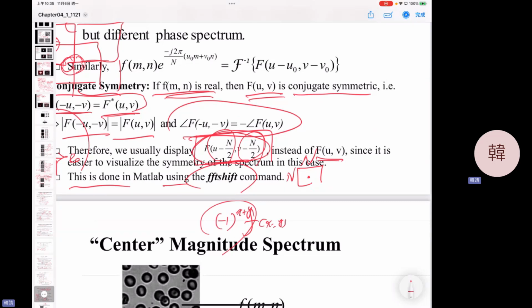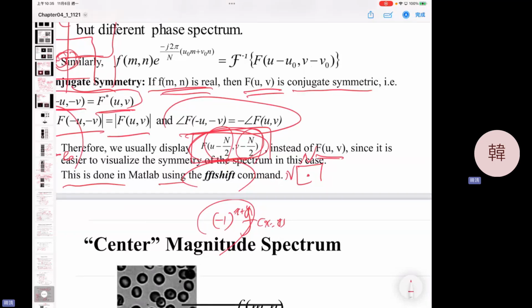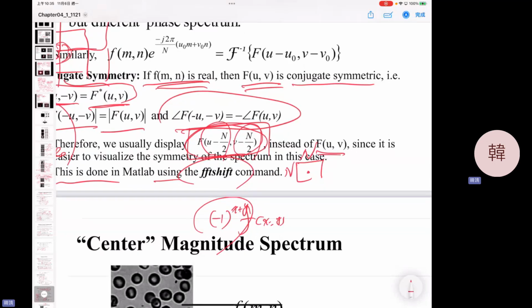If your x is an even number, it becomes positive 1. If your x is an odd number, it becomes minus 1. So your image becomes positive, negative, alternating, before you do the Fourier transform. Okay, so that's the way you can shift this to the center. It's a constant, you are going to use that one, fine.